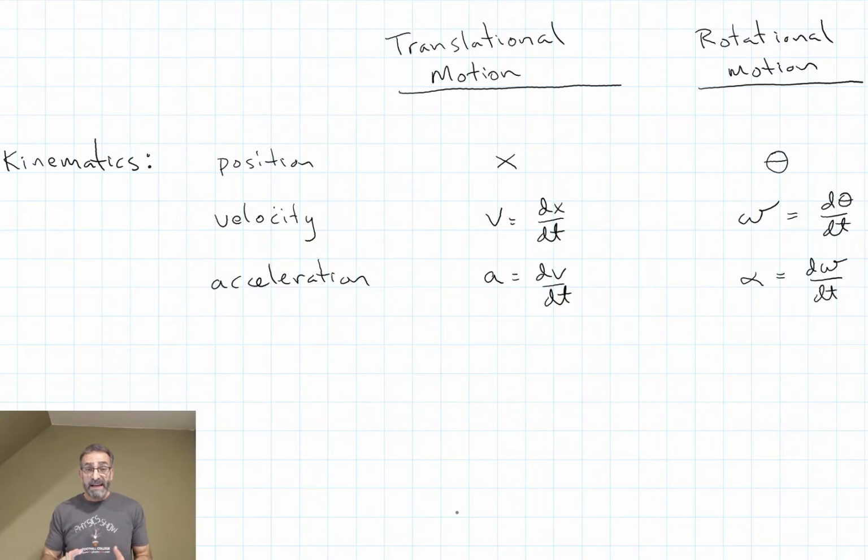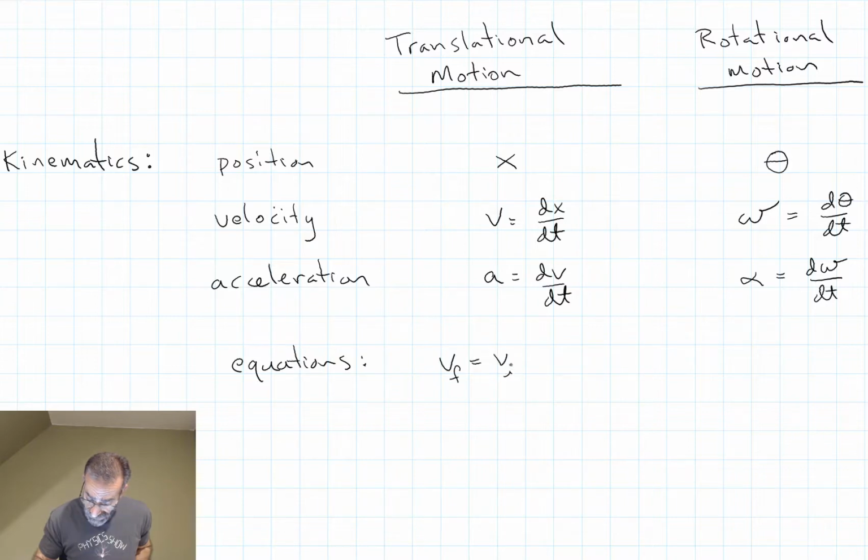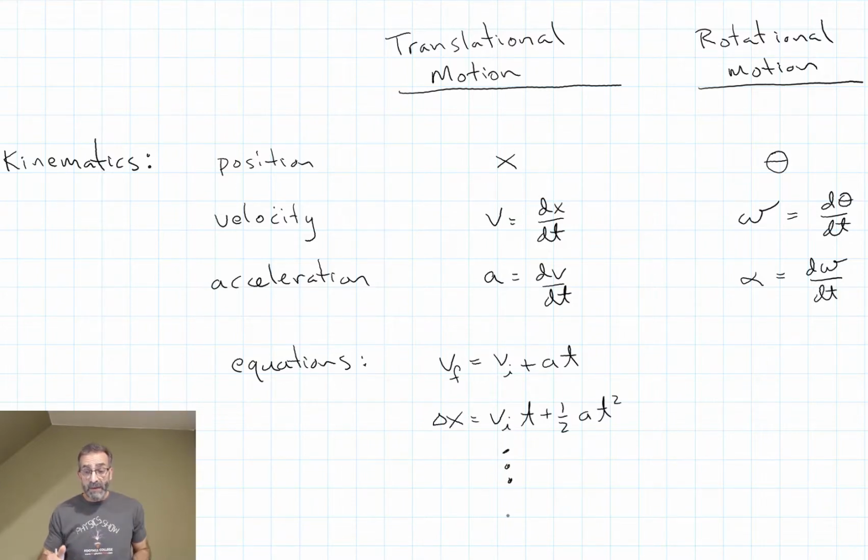Then we said we can use these definitions and derive the kinematics equations. We could derive our kinematics equations from the definitions of acceleration being the time rate of change of velocity, velocity being the time rate of change of position. We have a couple of videos back on how we did that.